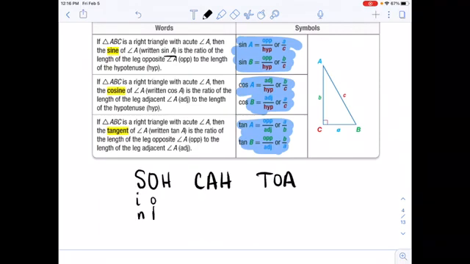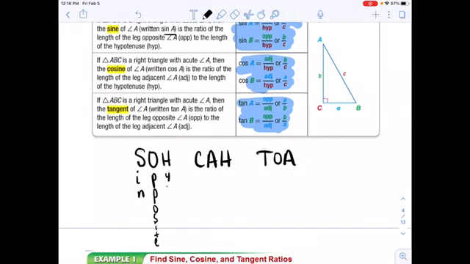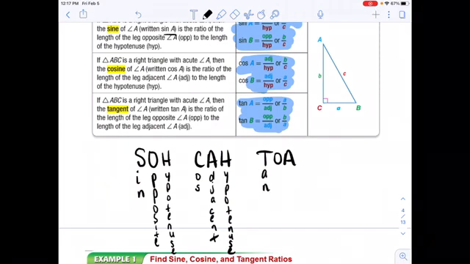This stands for sine, opposite over hypotenuse; cosine, which is shortened COS, adjacent over hypotenuse; and then we have tangent, which is shortened TAN, which is opposite over adjacent.